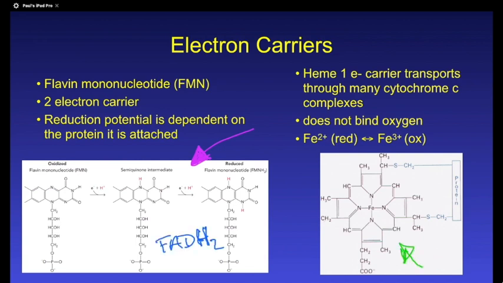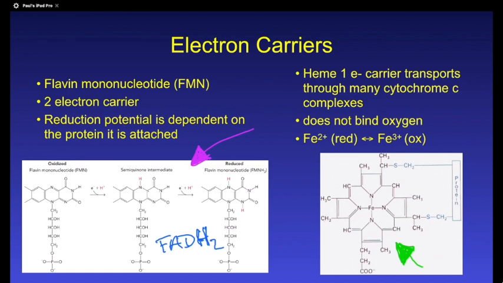Another carrier that might be familiar to you is a porphyrin ring that has an iron in the center. We've seen this porphyrin ring in the protein called hemoglobin, where the iron was there to bind to oxygen. But in this case, the iron is going to be in a protein called cytochrome C, and it will be able to carry an electron.